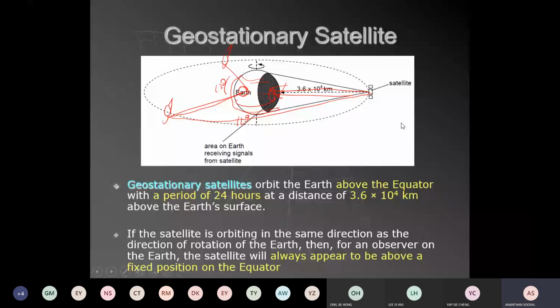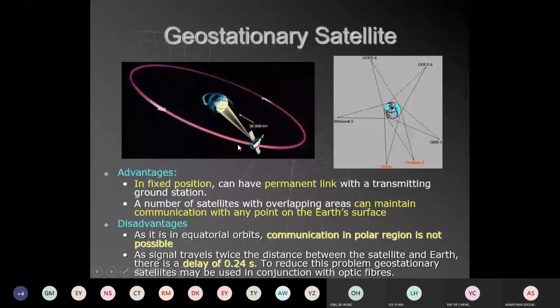So the advantage of a geostationary satellite is that it is always in a fixed position. You have a permanent link, and can maintain communication with any point on the Earth's surface. If you go to Bukit Jalil, there is the Astro headquarters. Outside, they put a very huge satellite dish to transmit.